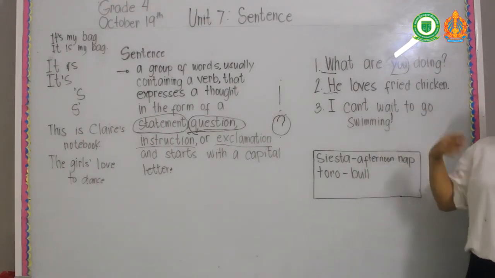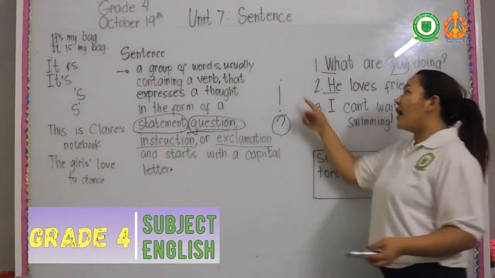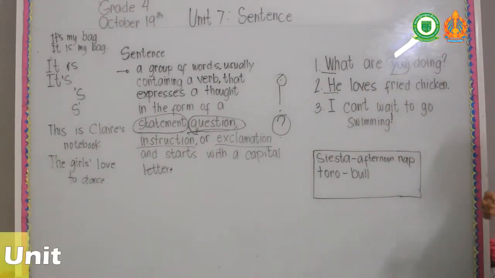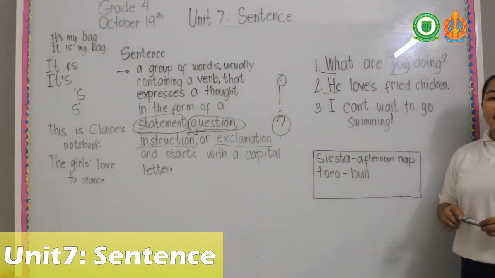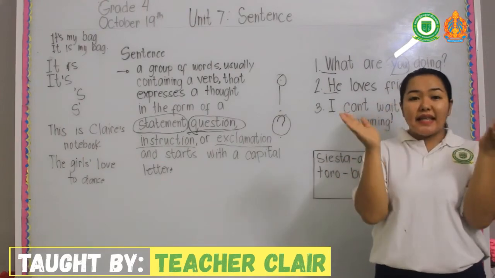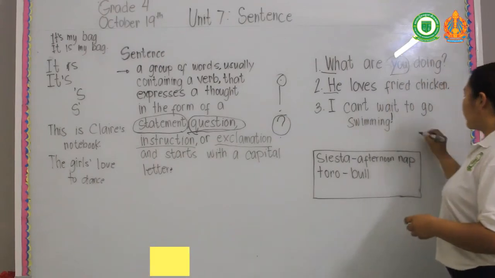That's why I use an exclamation point, but you can also use a period. A period is still okay because this is still a statement. Alright, so there you go. Now that's your sentence. Again, a sentence is a group of words with a sense. So you cannot just say eat.